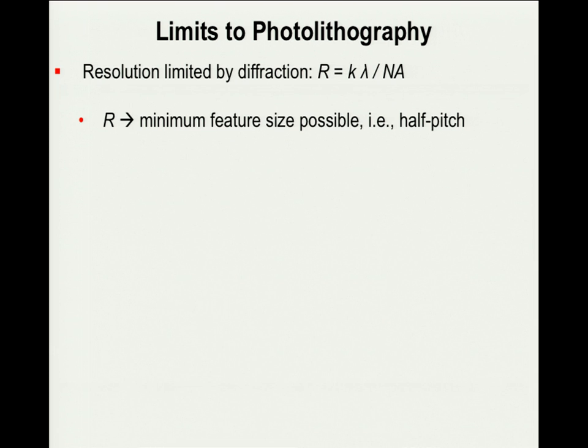Our minimum feature size possible is sometimes called the half pitch. The half pitch is, roughly speaking, the spacing between adjacent devices on a memory chip or a microprocessor. The full pitch is the wavelength. If you just make lines, the pitch is the wavelength, and the half pitch is the spacing.